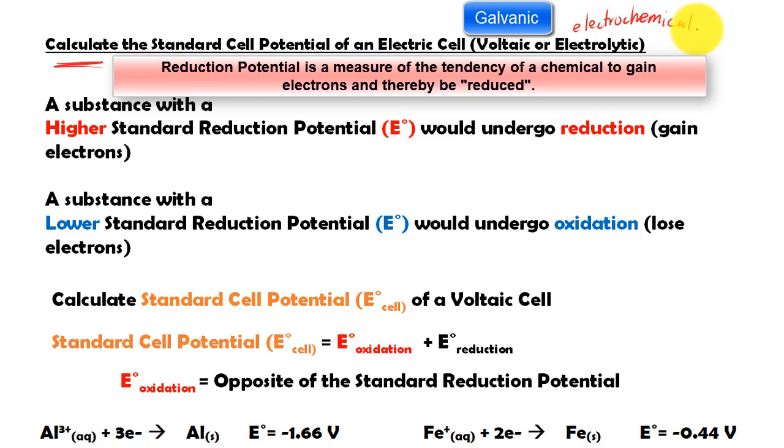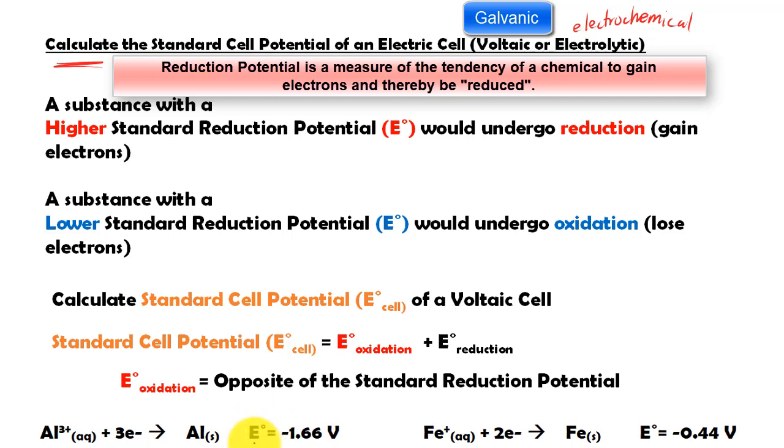Here in most problems, it will give you two half cells, and they are both in reduction form. How do I know? Because the electron is being gained on both of the half cells. So you are given two half cells in reduction form, and each of the cells comes with a specific standard reduction potential.